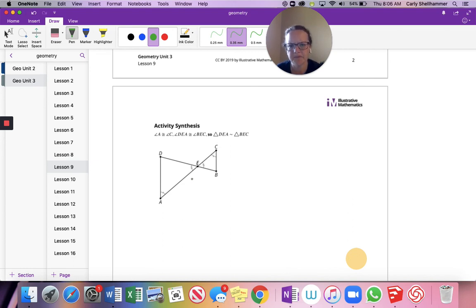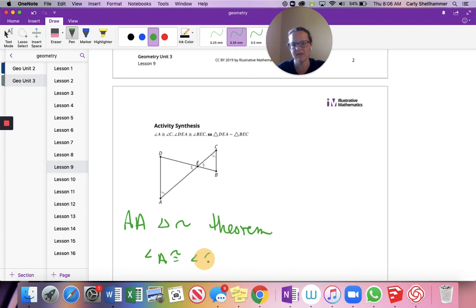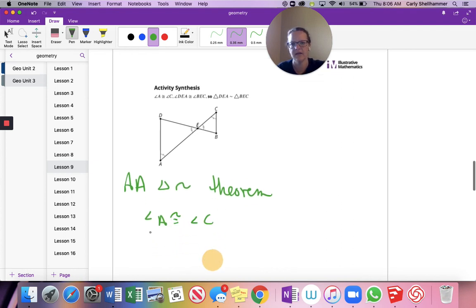So here, in our activity synthesis, we're just showing our angle, angle, triangle similarity theorem. I can say that angle A is congruent to angle C, and angle DEA is congruent to angle BEC.